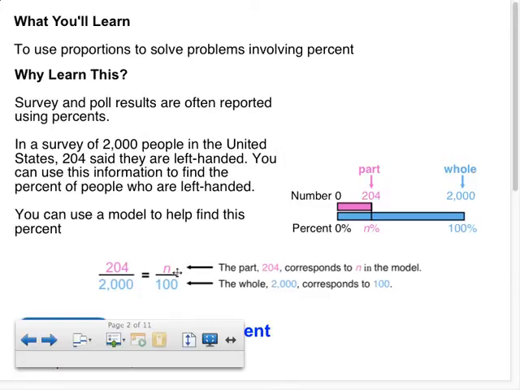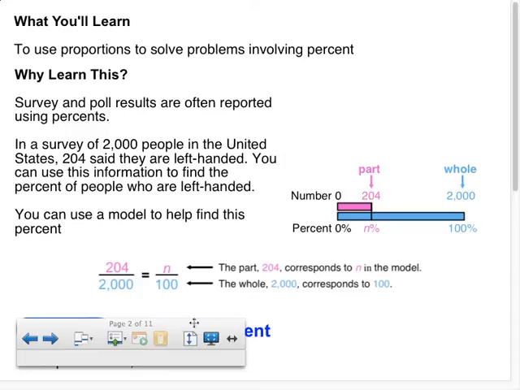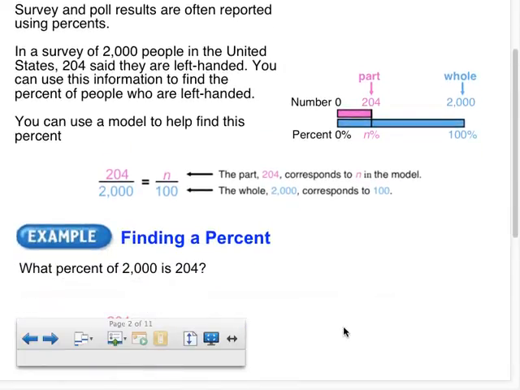Per 100 or over 100. So the percent we don't know, per 100. Okay? So it's just like the warm-up. Can you guys solve this? Solve this to figure out what percentage of people are left-handed. And let's see if we're really close to what we have for our class survey.